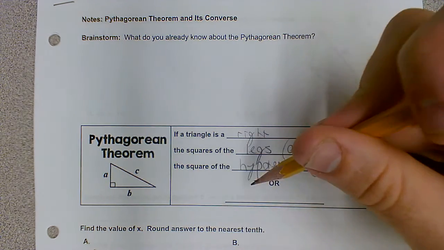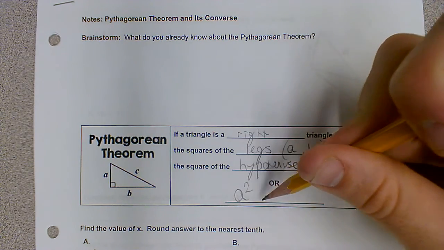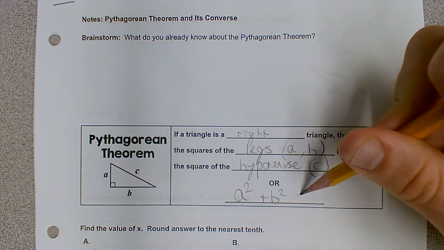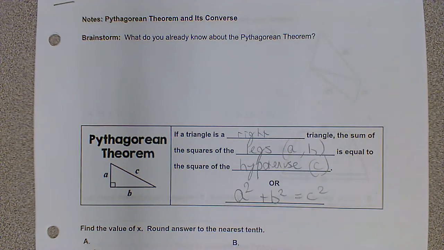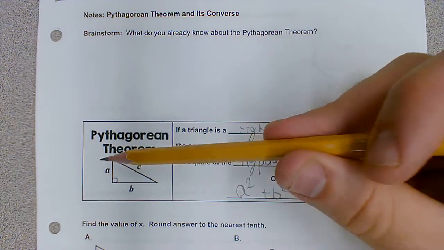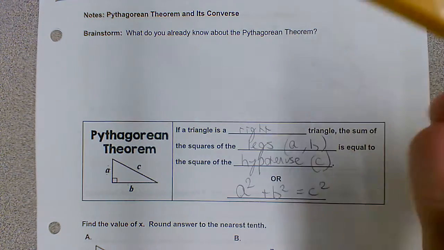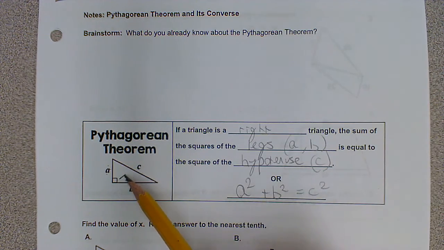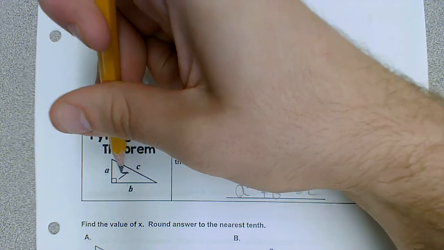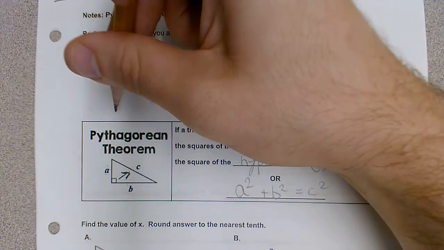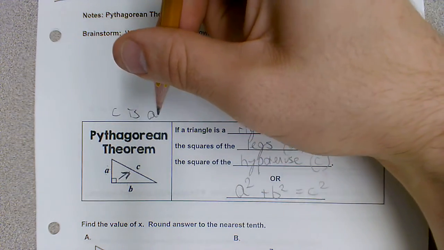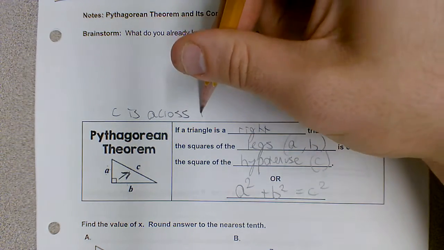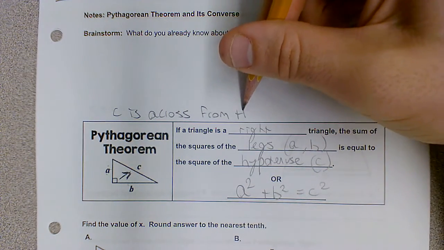So we can write out our formula, a squared plus b squared equals c squared. Now you're going to remember that a and b don't really matter which one's which. The one that really matters is that our c is always across from the right angle.